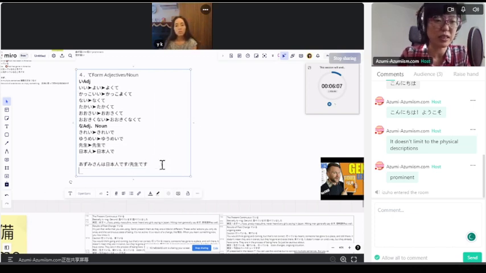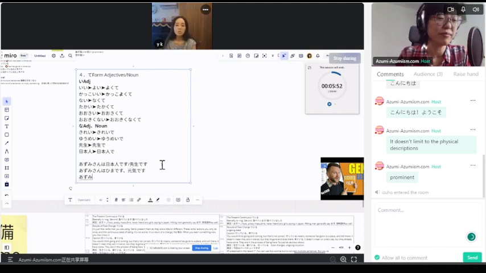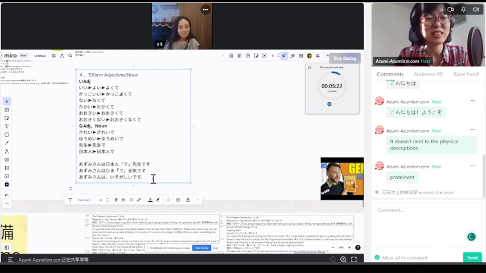Instead, you just connect two ideas. あずみさんは、元気です。暇です。So we can make one sentence. あずみさんは日本人で先生です。あずみさんは暇で元気です。あずみさんは忙しいです。うるさいです。忙しくてうるさいです。Okay.